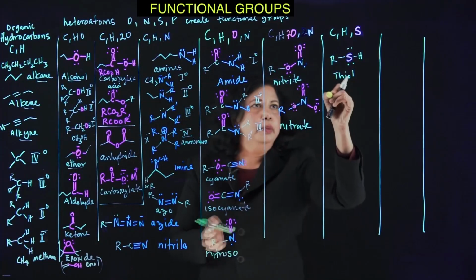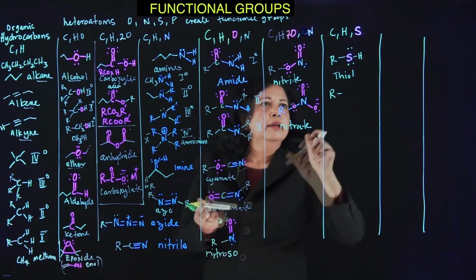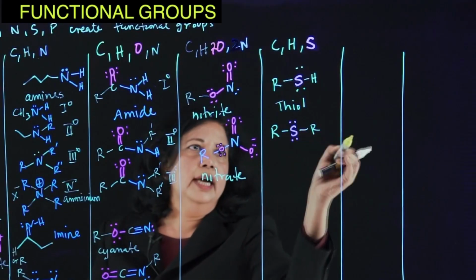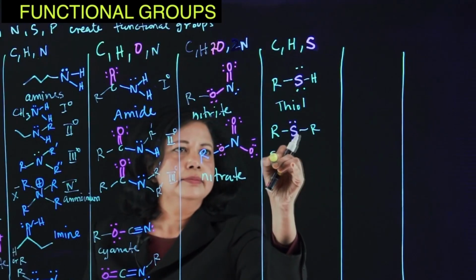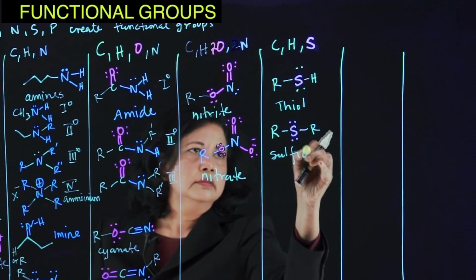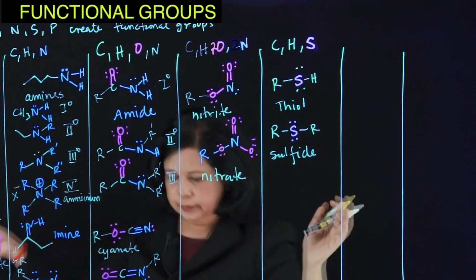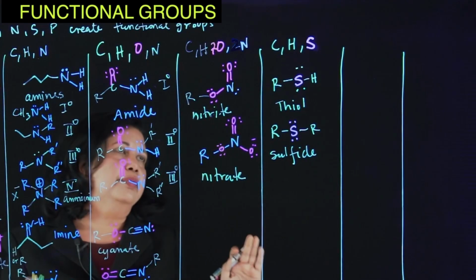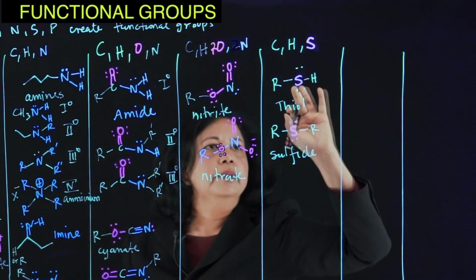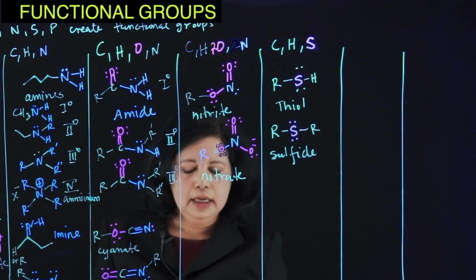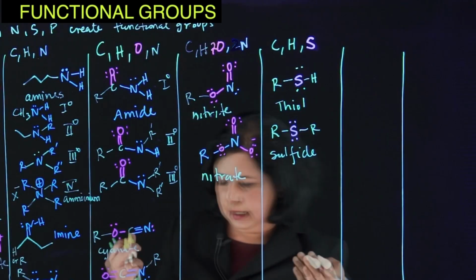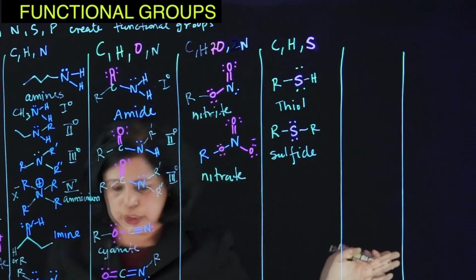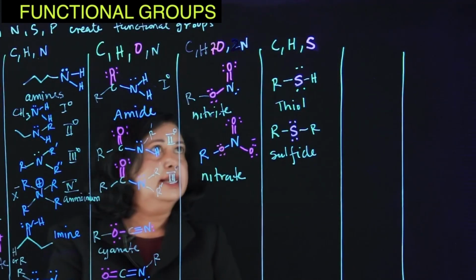So if I put it in the middle, then it will just be called a sulfide, dimethyl sulfide, or diethyl sulfide. So those are the possibilities for just sulfur, with the 2 bonds. Now, sulfur also can come with 2 bonds and alcohol as well as an oxygen. Okay, so let's look at that.